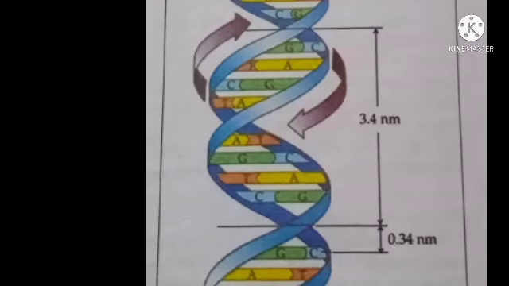Each chromosome is made up of a single DNA molecule. The segments of the DNA molecule are called genes. Due to variety in the sequence of nucleotides, different kinds of genes are formed. These genes are arranged in a line. Genes control the structure and function of the cells of the body.